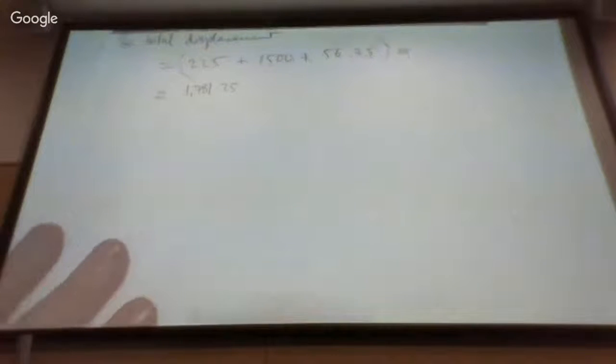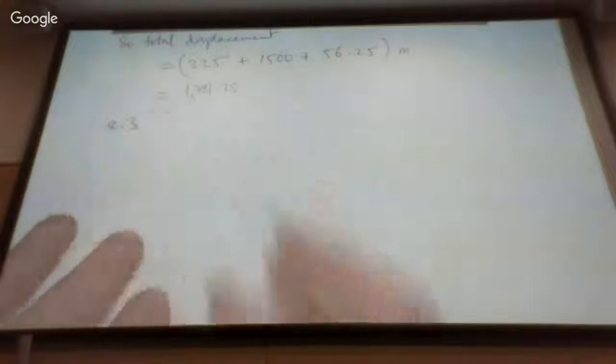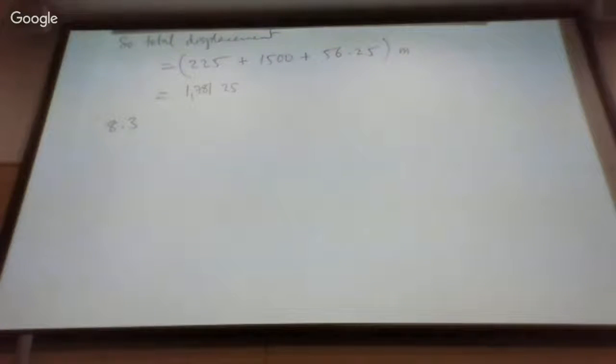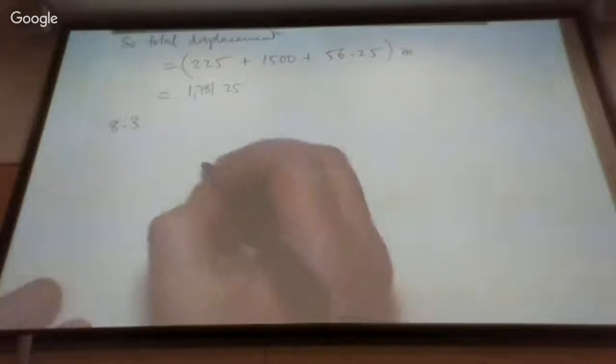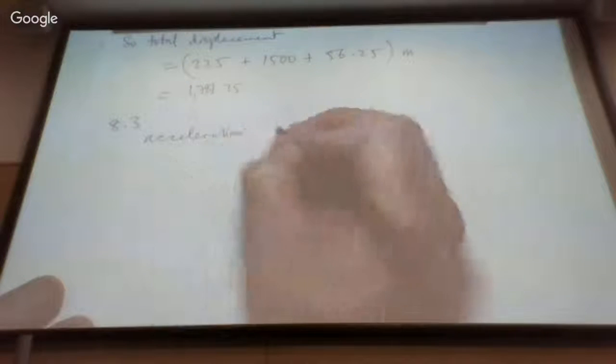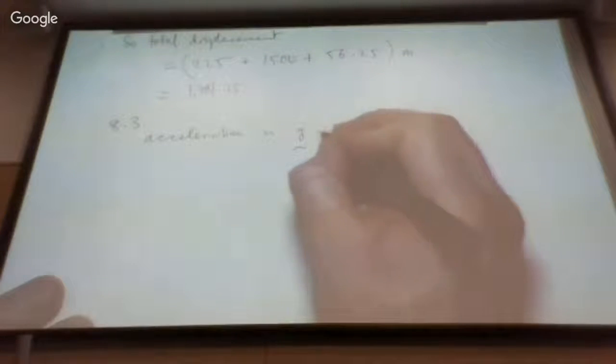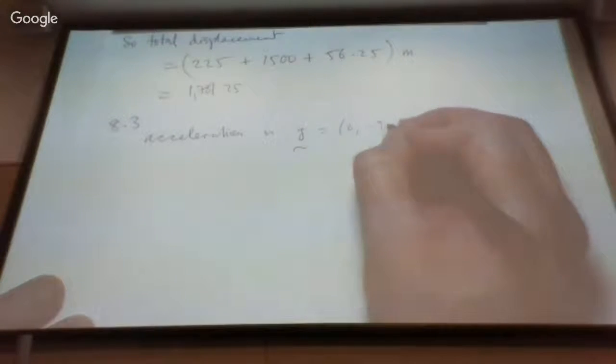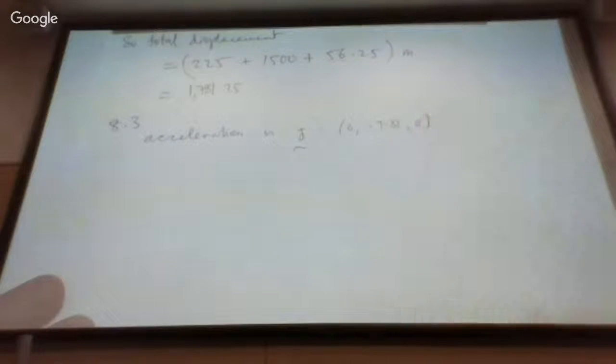So look at 8.3. Now, what is it asking us? Where will the thing land? So the acceleration is this vector g, which is (0, -9.81, 0).